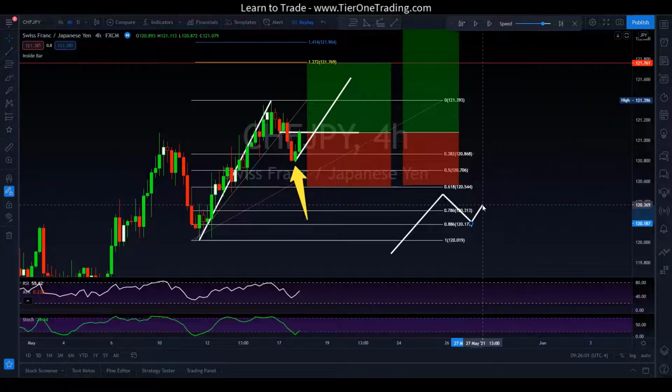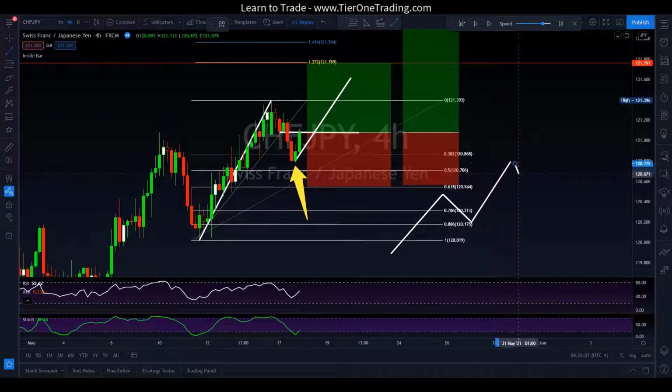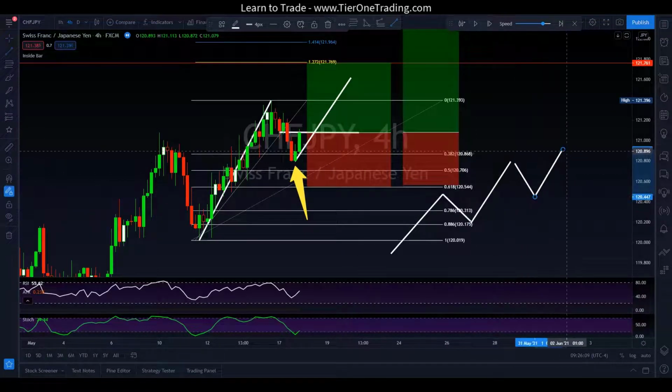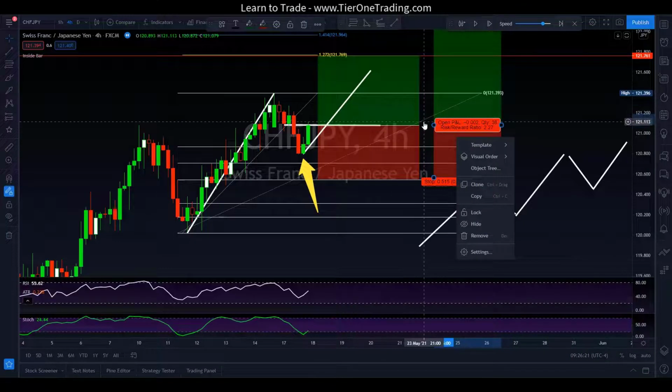An outside return doesn't become an outside return until a new structure high is created. So we never know with certainty until it has already happened. Let me know if that makes sense, because that's very important.